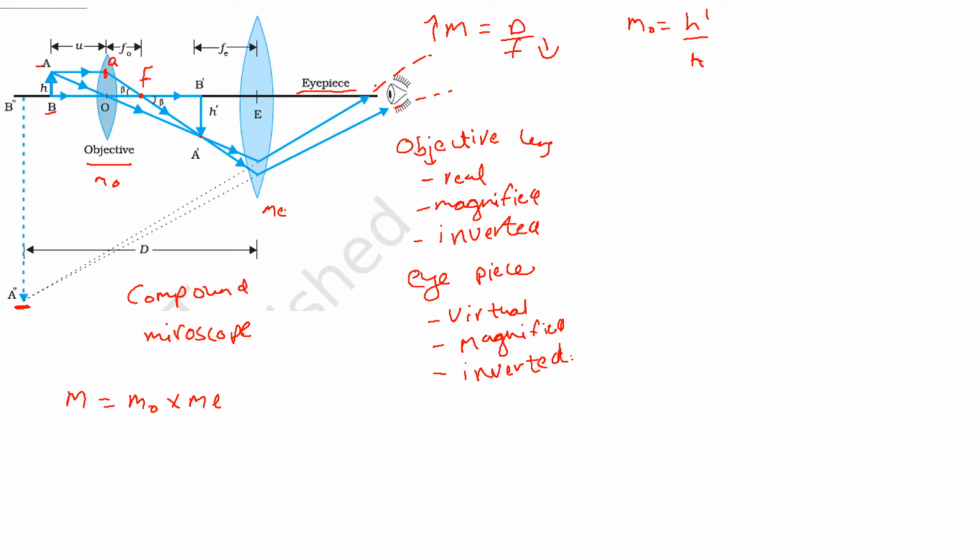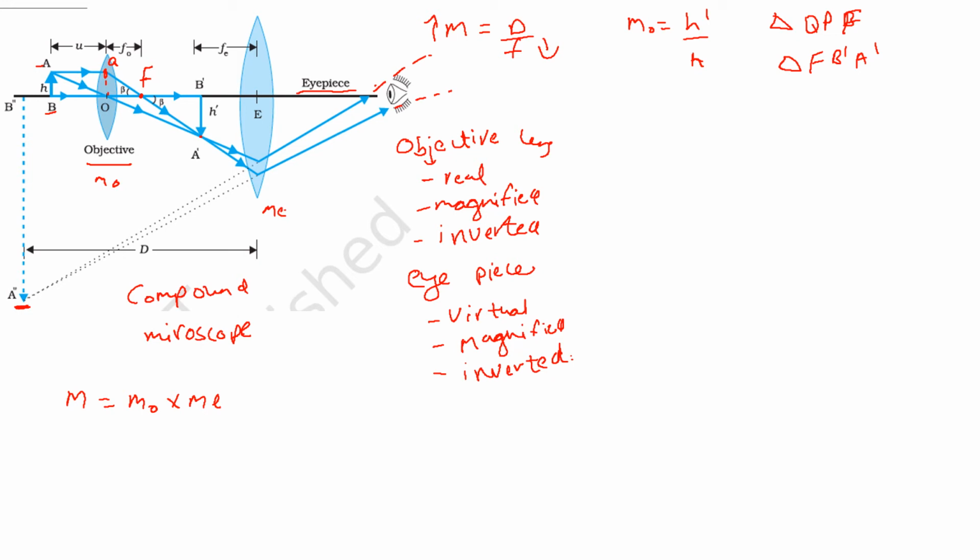Now if we create triangles in the figure, we can see two triangles: triangle QPF and triangle FB dash A dash. If we take the angle between them as beta, randomly you can take any angle.